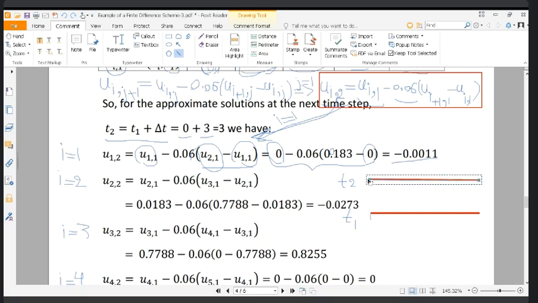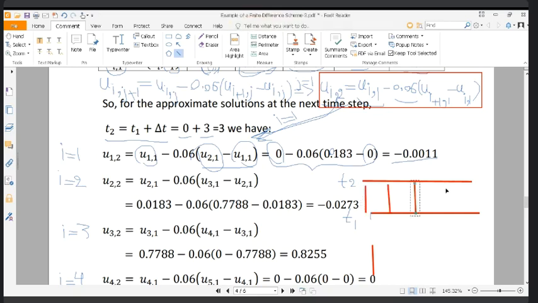This is x3, this is x4, and this is x5. This is T1, and this is T2.